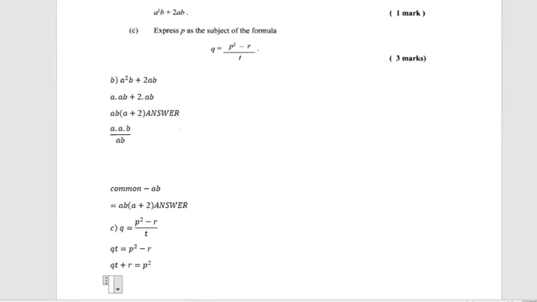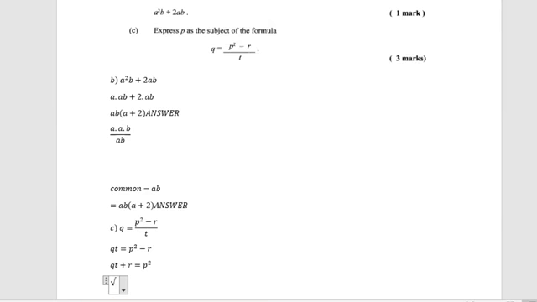So I'll have qt plus r is equal to p squared. And now the opposite of square, who can tell me what that is? Square root. So therefore, to get rid of the square that is on p, I will need to square root both sides of my equation.